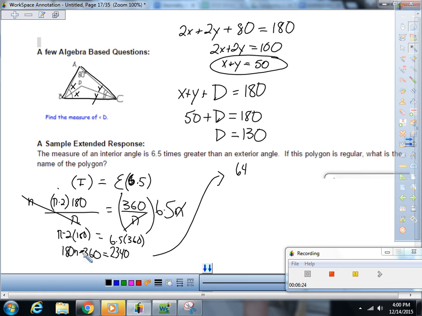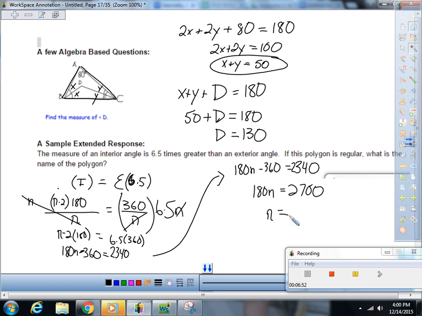Let's try this again. Let's just rewrite it. 180n minus 360 is equal to 2340. Very dyslexic today. Add 360 to both sides, and you get 180n is equal to 2700.